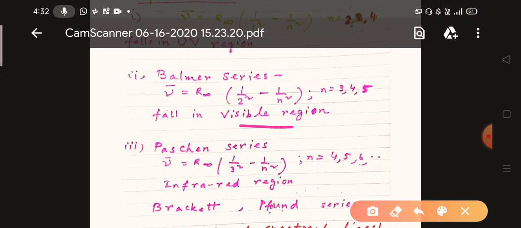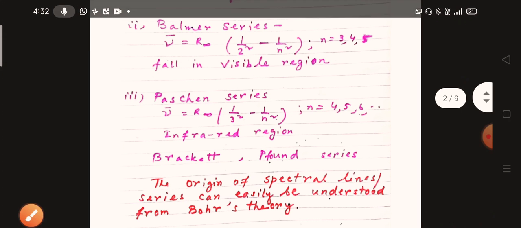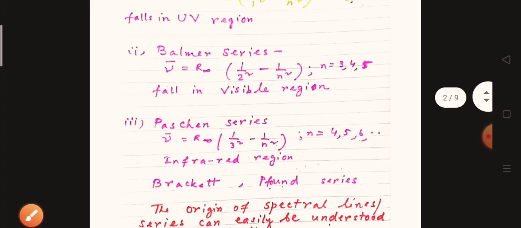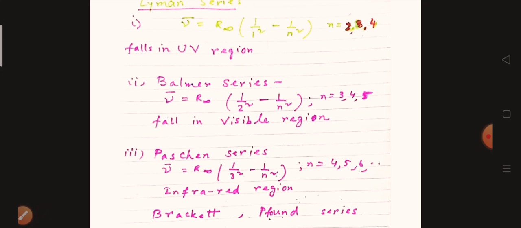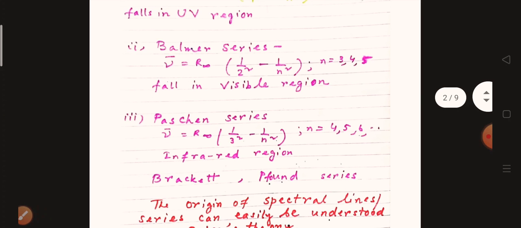For the Balmer series, the final nF will be 2 and nI will be 3, 4, 5, which falls in the visible region. The Paschen series is nF equals 3 and nI will be 4, 5, 6, which falls in the infrared region.